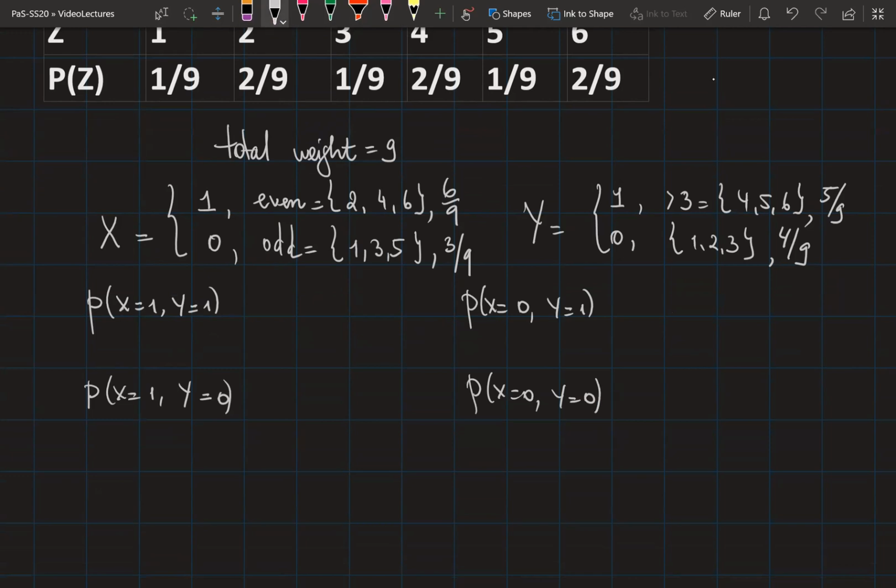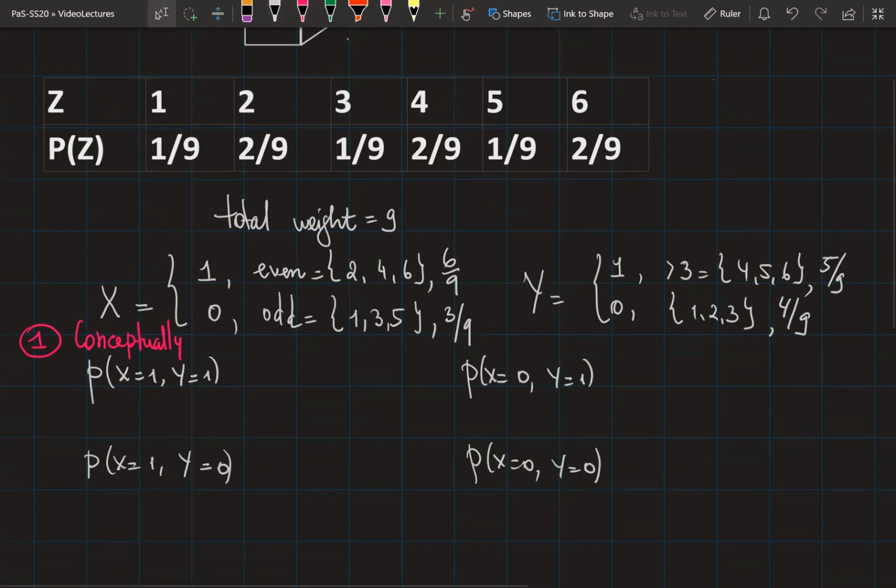We can do this differently. One way I would call a conceptual way. So let's do this conceptually. I would like to find the intersection of the events, say when x is equal to 1 and y is equal to 1. So what does it mean?